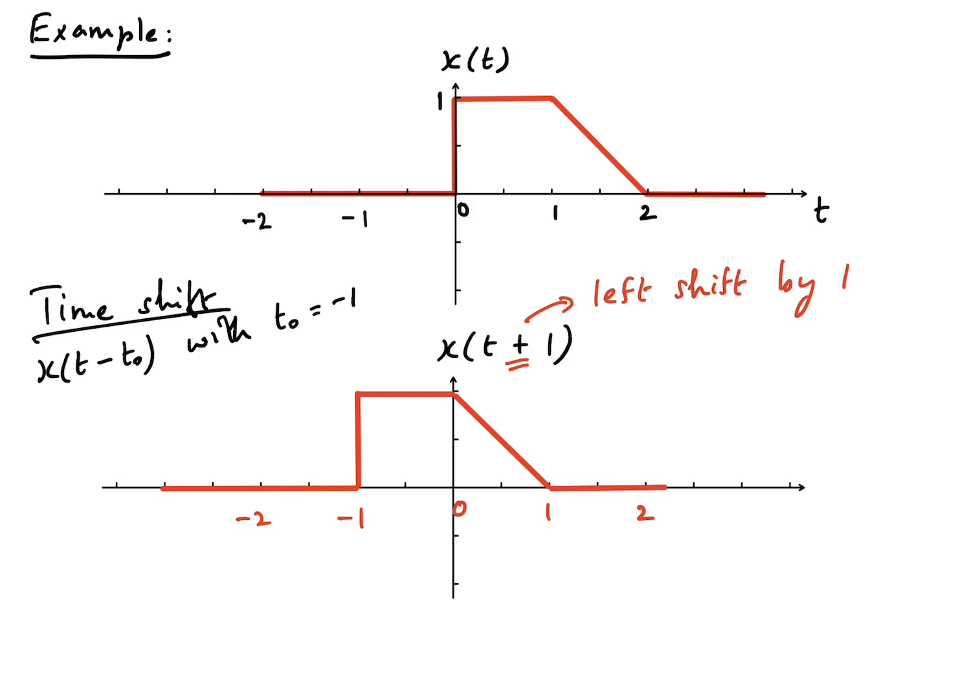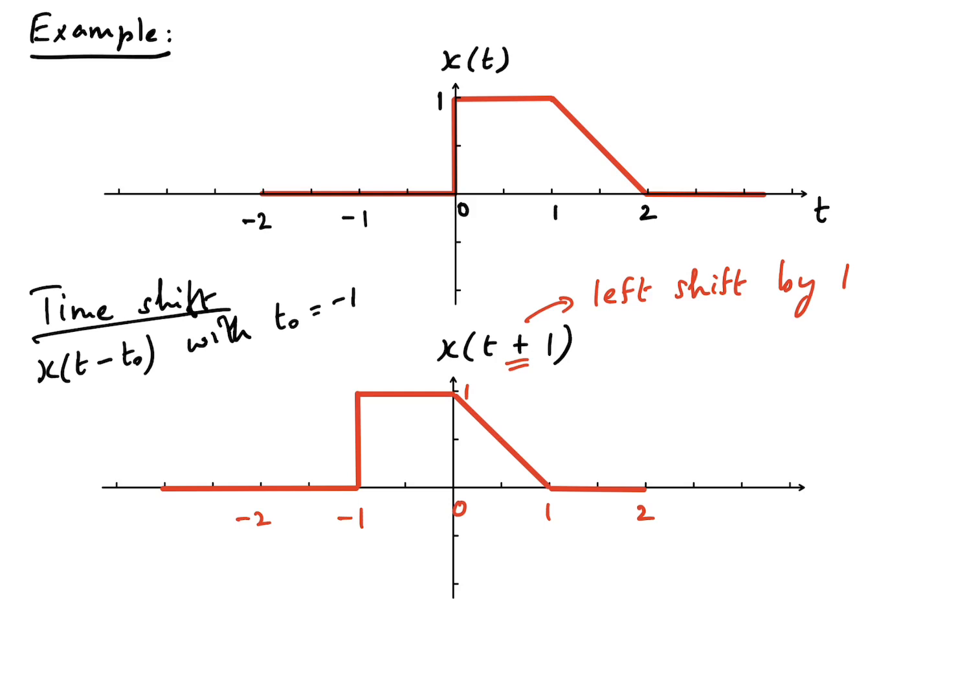What was happening at 2 will continue at 1. So we see that this is basically the signal on the top shifted to the left by an amount of 1. The peak value here is 1 as before.